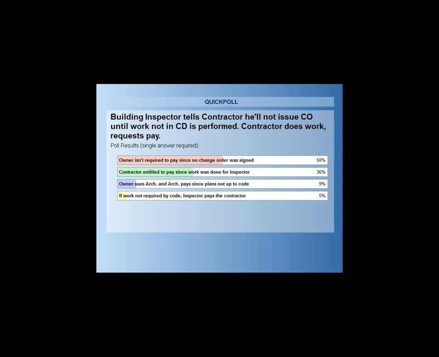You can make an unjust enrichment claim: the work was done, and again it had to be done, or the owner wouldn't have been able to occupy the building, the owner got the benefit of the work, and so the owner is obligated to pay for it. And if that is the result, I can certainly see the owner turn around and say, no, Mr. Architect, your plans don't comply with code, you pay for it. So again, I could see all three of the first items happening.